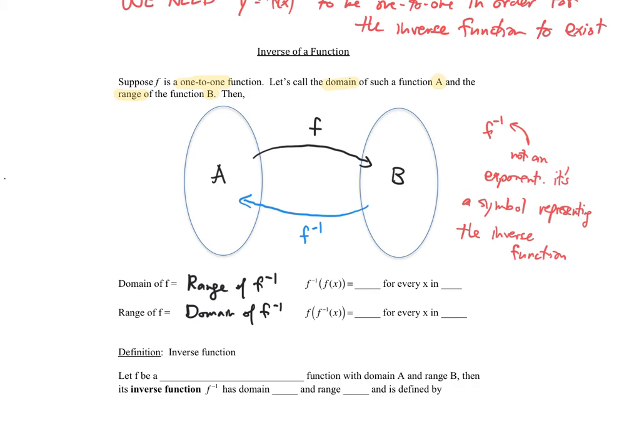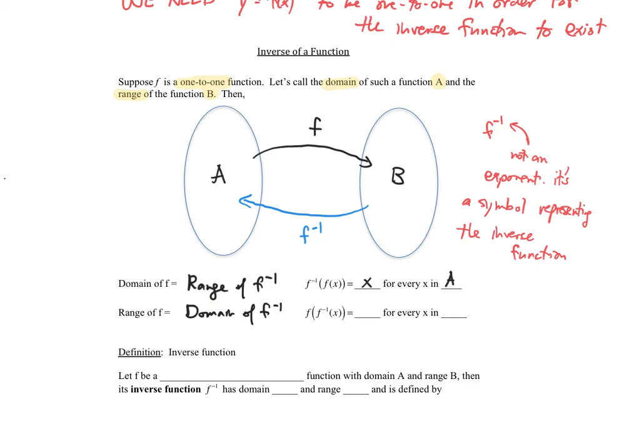And another consequence is that if we compose the two functions, in other words, if you first did f and then you did f inverse, it's as if nothing had happened. So you just get the original thing x back. This is true for every x that's in A.